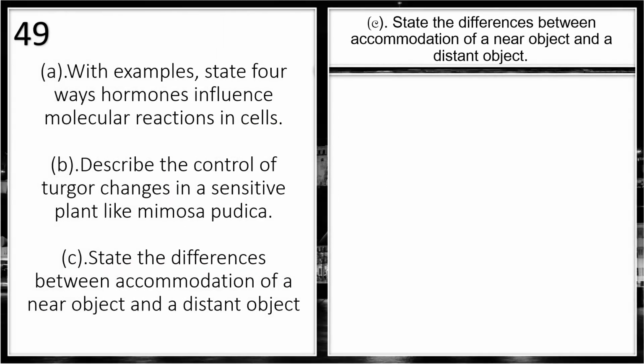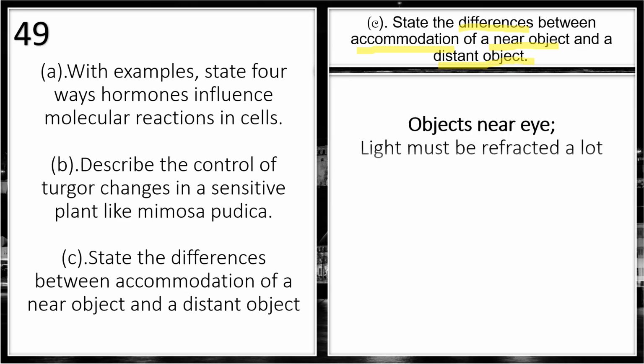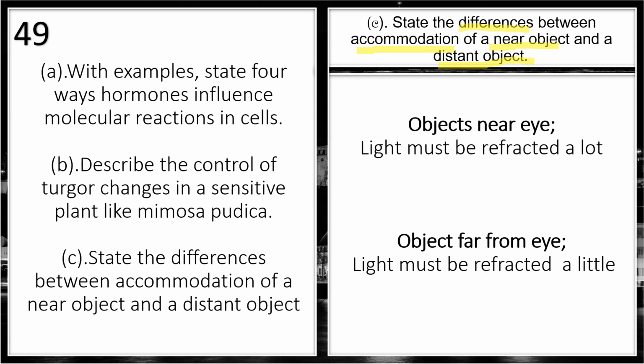Part C. State the difference between accommodation of a near object and a distant object. Near object, light must be refracted a lot, and far object, light must be refracted a little.